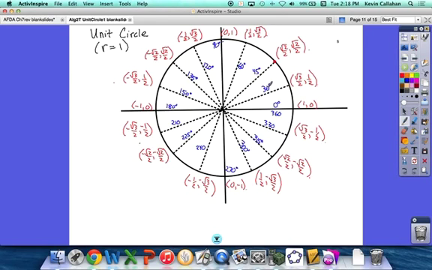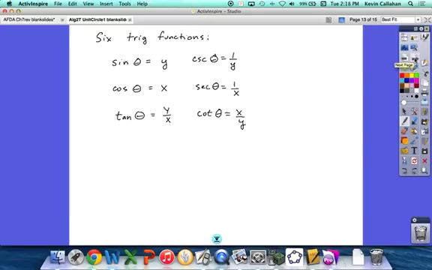The sine of 60 degrees is root 3 over 2. Okay? The sine of 315 degrees, negative root 2 over 2. Right? And so the sine is the y, the cosine is the x.